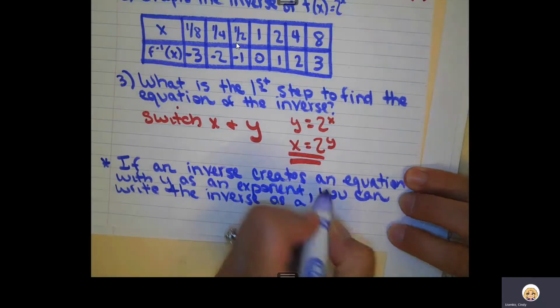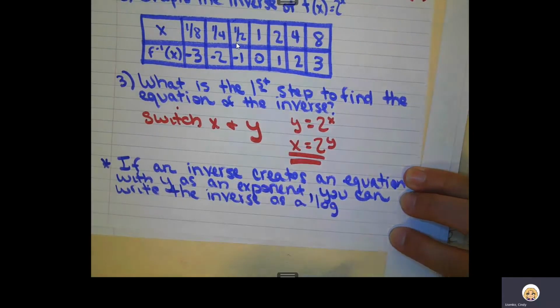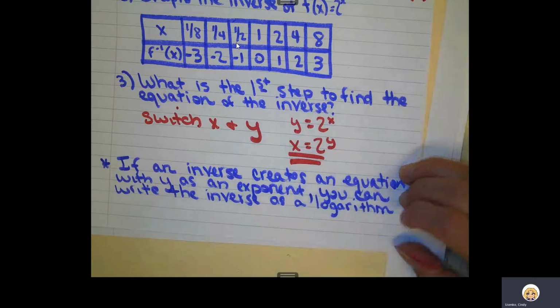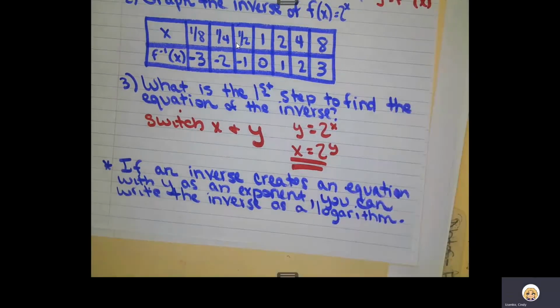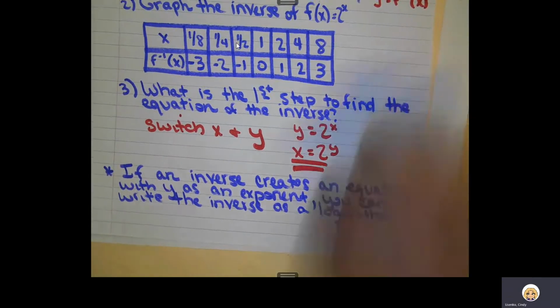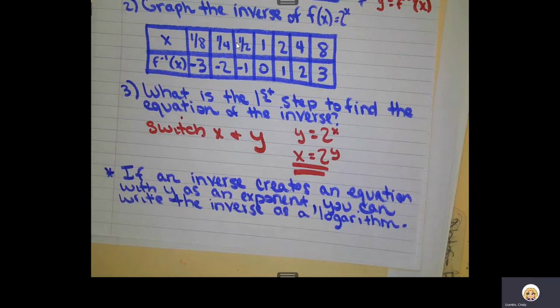And logarithm is spelled L-O-G-A-R-I-T-H-M. And you're going to see what that's going to look like as an equation. So anytime we have a y that was an exponent, and we want to write it as an inverse, we can use a logarithm. So here's what it looks like.